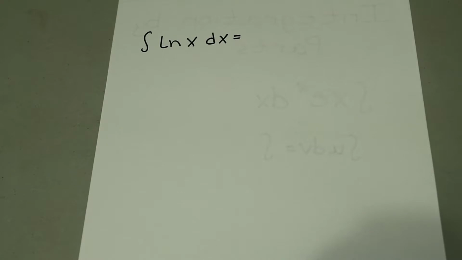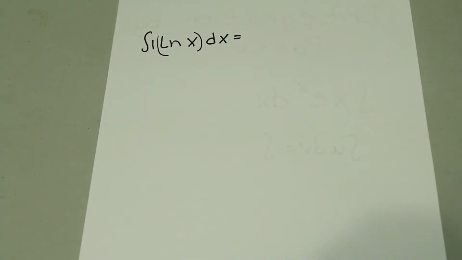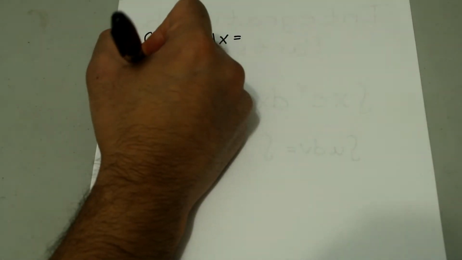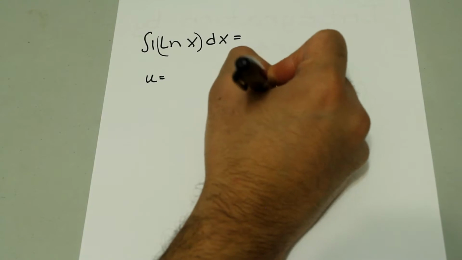So in this case, remember that whenever something's by itself, it can always be multiplied by a 1. So let's just say this is being multiplied by 1. Now, we have to figure out what's u and what's dv.